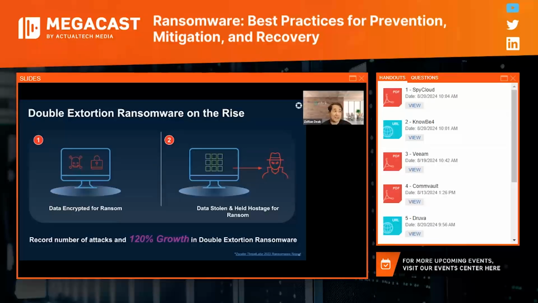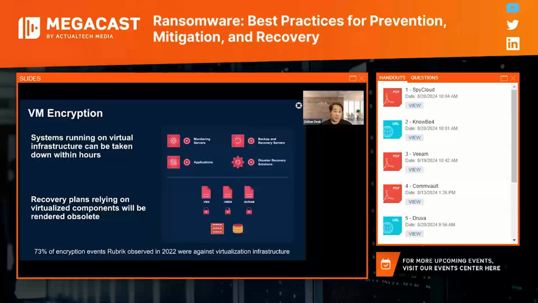In fact, late in 2023, we even saw a ransomware group report one of its victims to the SEC. So the attacker knew the victim was aware of the breach, but hadn't reported it yet. So by reporting the victim to the SEC, they're trying to put even more pressure on the victim to pay the ransom and face even more pain and regulatory fines.